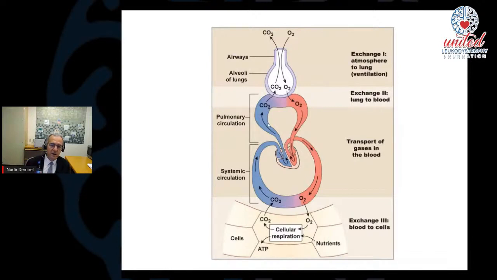And from the right heart, it goes to the lung again to give up the carbon dioxide and get the oxygen in. So the exhalation is to get rid of carbon dioxide. The inhalation is more to gain oxygen to the bloodstream. This is a simplistic presentation, but it's very true. And we always think about this graph every time when we have a patient with respiratory disease.